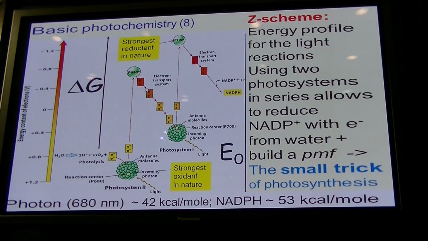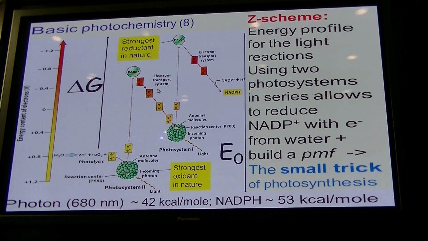We tumble down, losing energy all the time, as protons are pumped by the mechanism of plastoquinone and the cytochrome B6F complex. Our electrons arrive at photosystem 1, but they haven't lost all their potential energy.